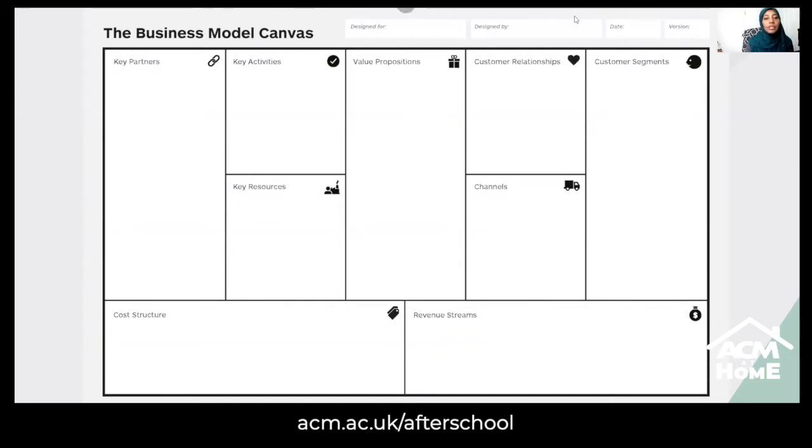So it starts from here. My approach starts from the right, and then we go slightly to the left. If you see here the customer segment, to the very left, and then in the middle the value propositions. So customer segment, as I said, who is your customer? Customer, end user, beneficiary.